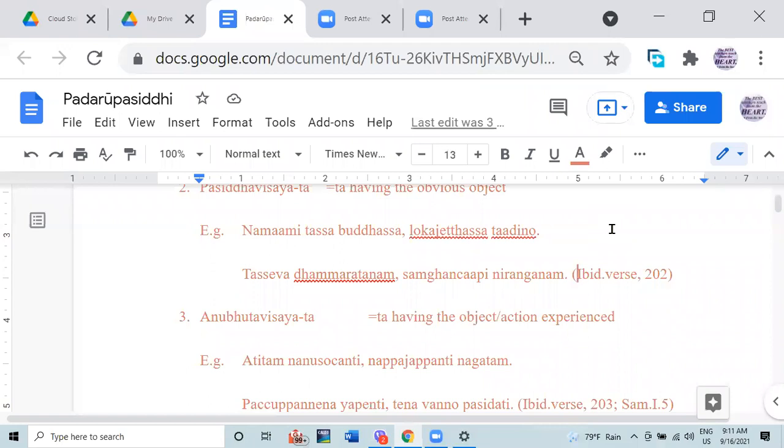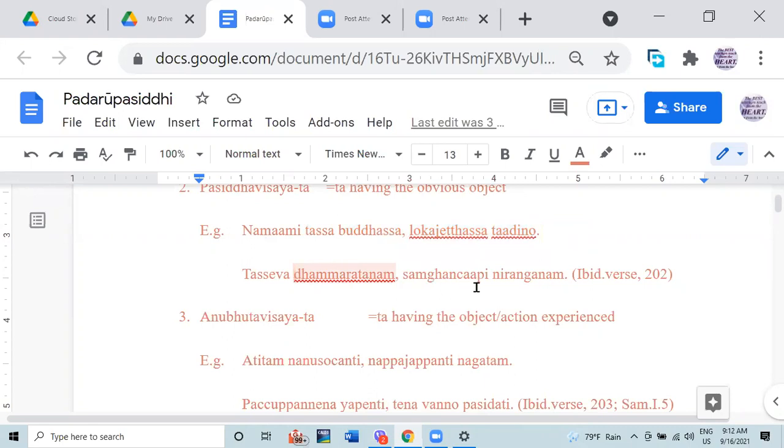Questionable why? Because namami mostly governs the accusative. Here we see Tassa Buddhassa, which should be dative. And then here Tassewa Dhammaratana, in this case, is the object of namami.